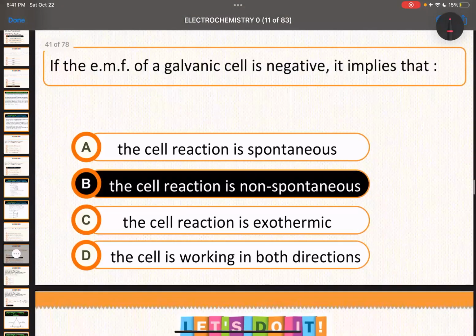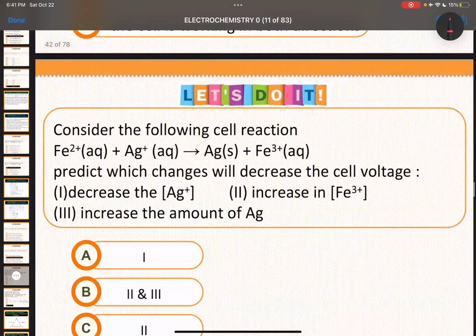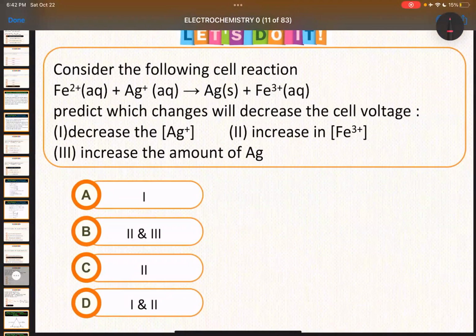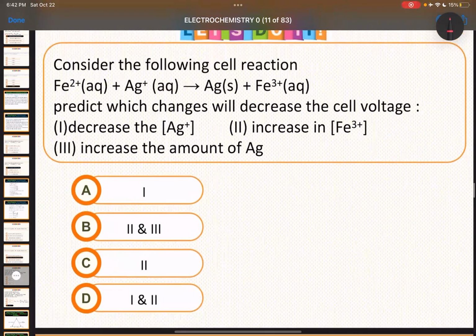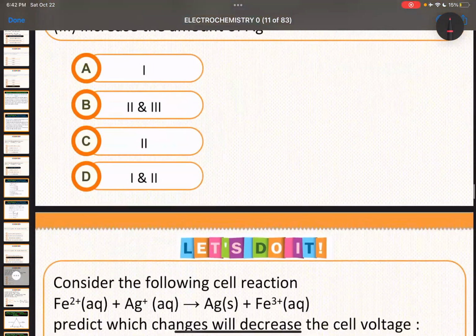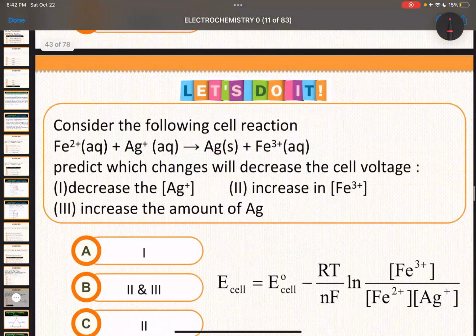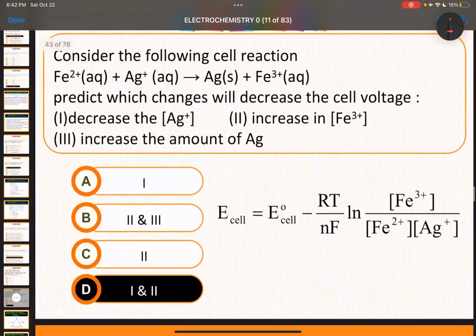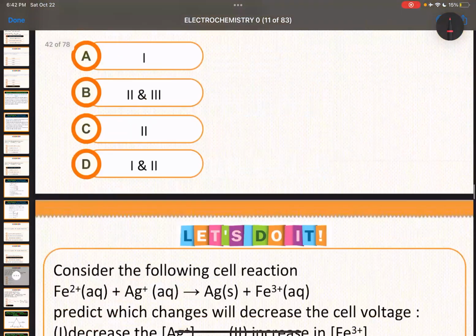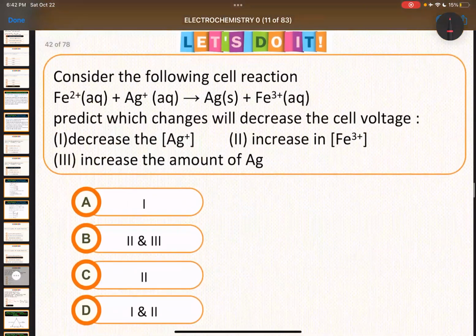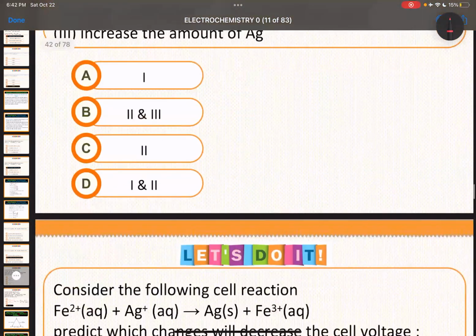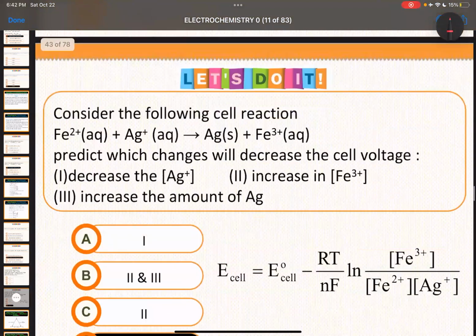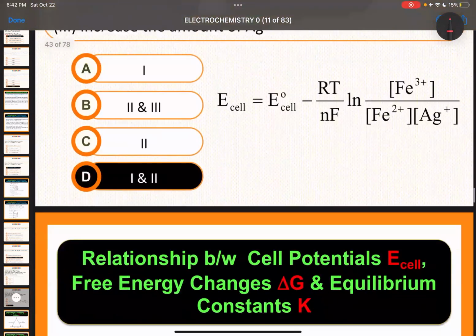This question we did last time. Without writing the Nernst equation you can do it very quickly. Just check whether the change which you have made is going to take the reaction in the forward or in the backward direction.